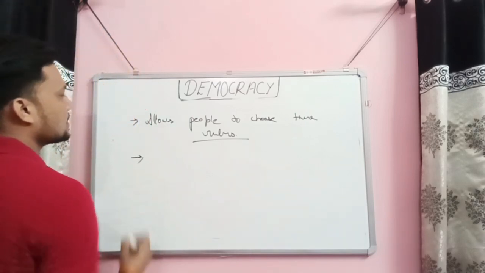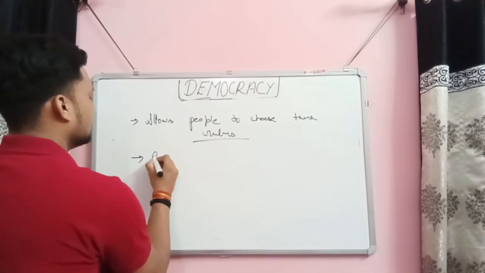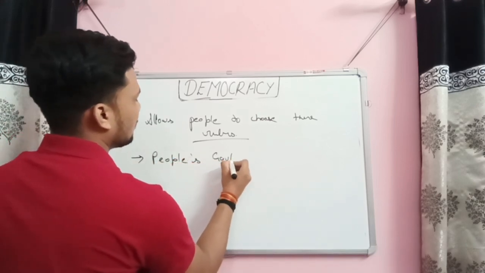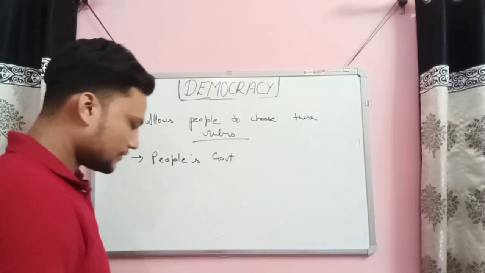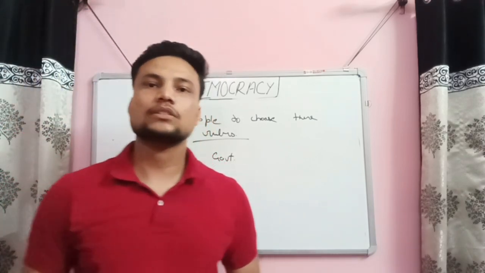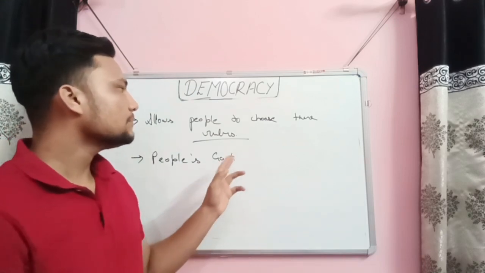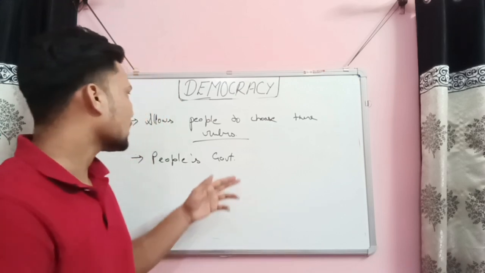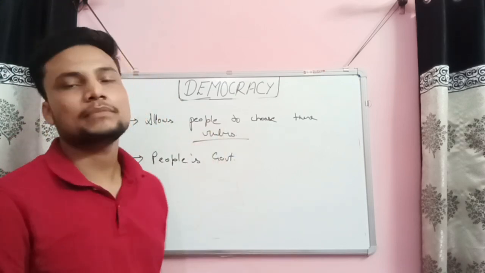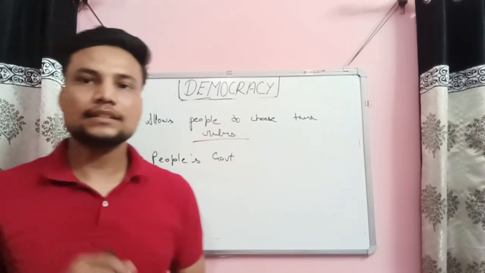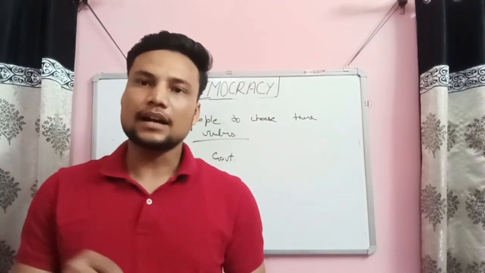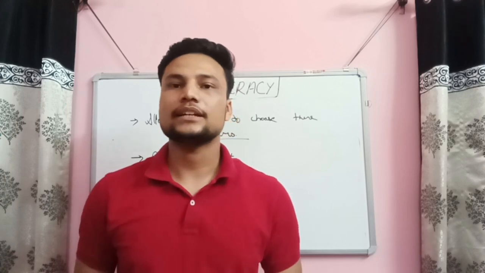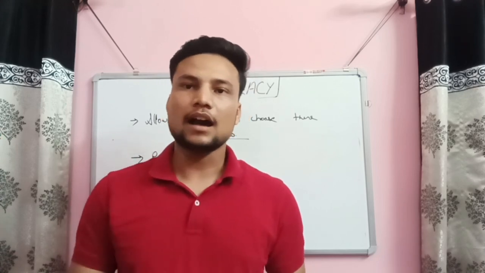Another feature of democracy is that it is people's government. Means here the people are ruling. In other forms of government like monarchy, autocracy, dictatorship, or military rule, the rulers are not chosen through an election process. In people's government, the people who are citizens of the country, part of the population, are going to represent us. My representative is representing our constituency.